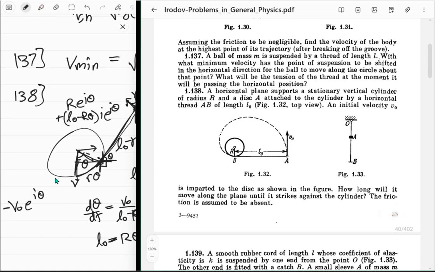Makes sense. And the derivative of this thing is iota r e power i theta, and d theta upon dt is called omega. And then the derivative of the other part, L naught minus r theta times e power i theta.